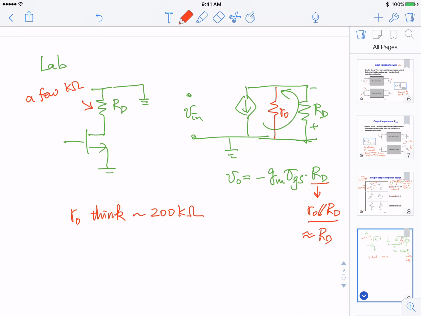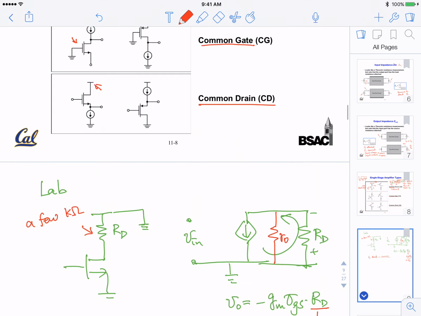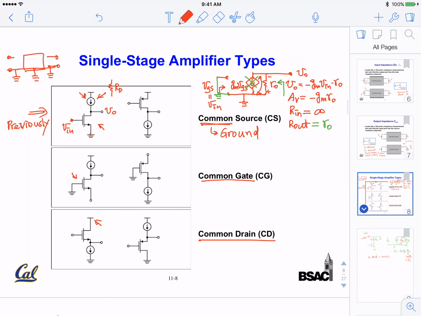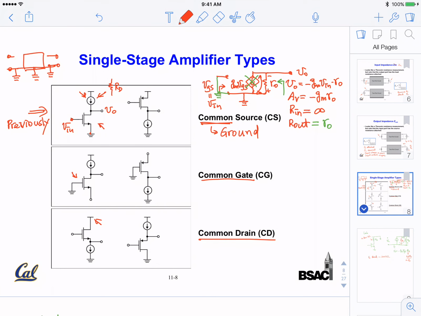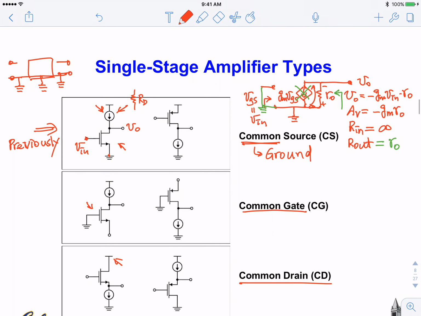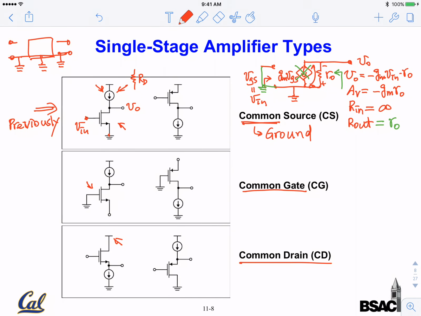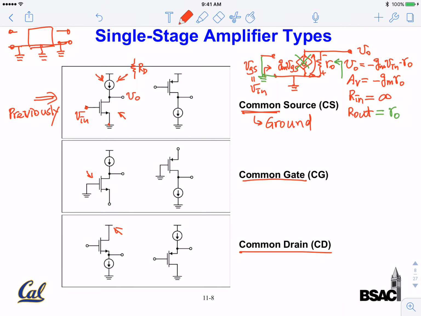Okay. All right. Let's go back to the amplifier here. So common source, done. We have already talked about it. Next, we're going to focus on the new configurations: common gate and common drain.